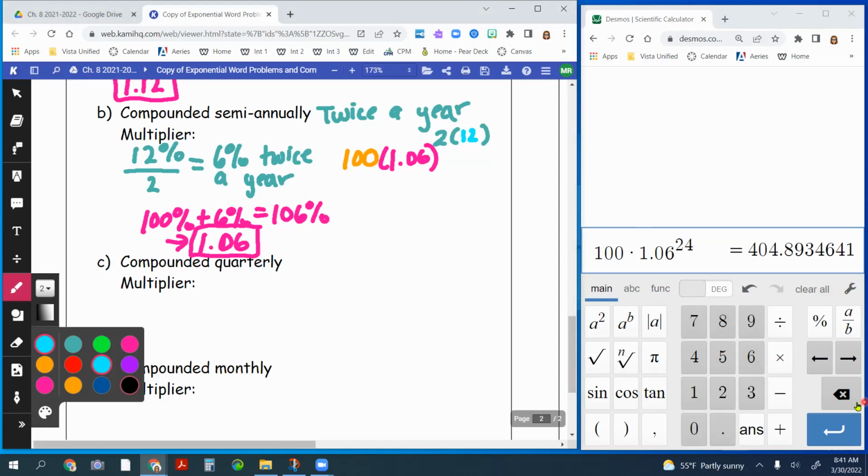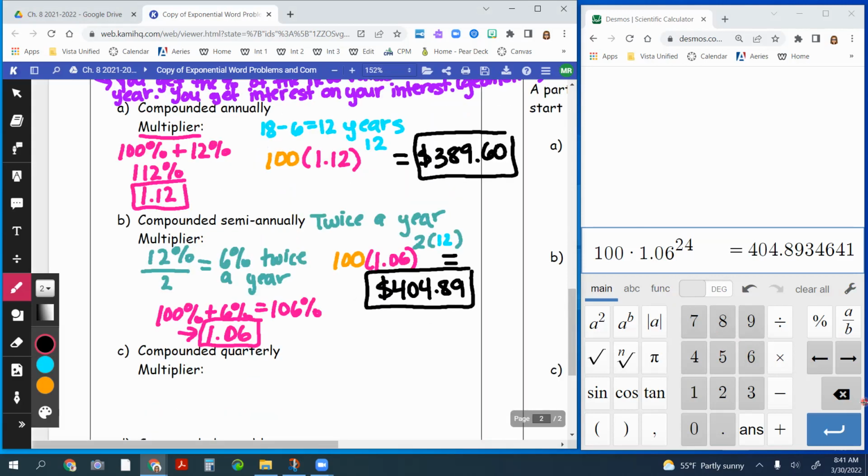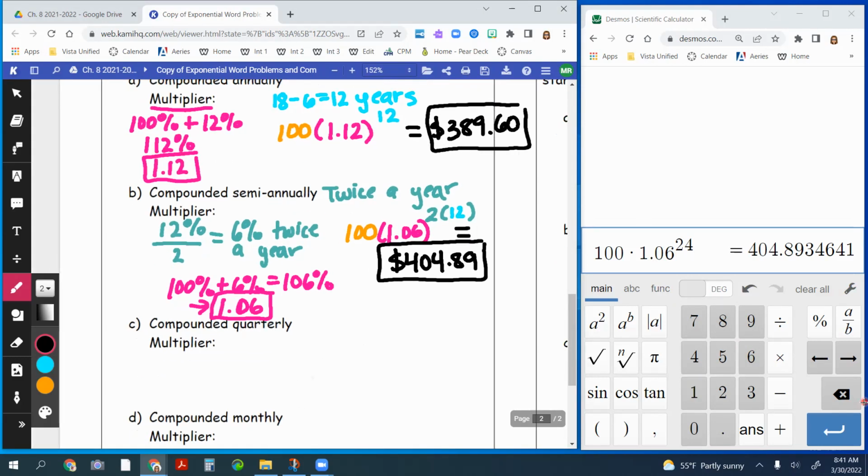And then this answer is going to be $404.89. So you see, having the 12% split into two increments, 6% each half of the year, gave her more money.